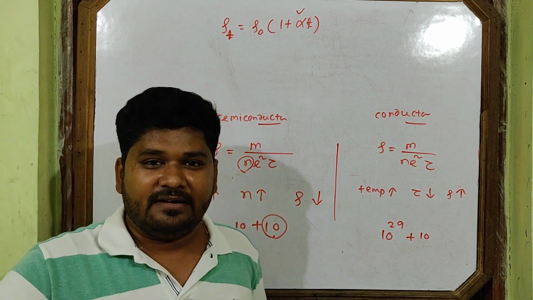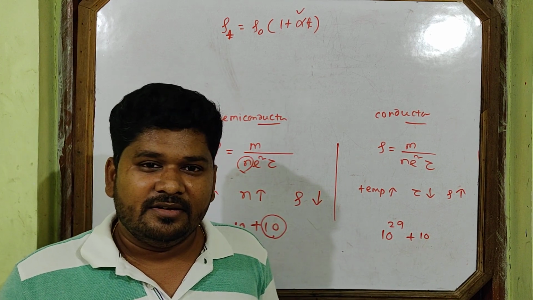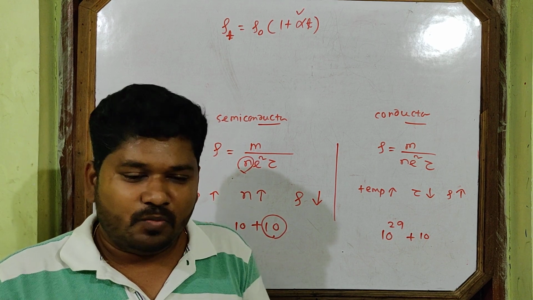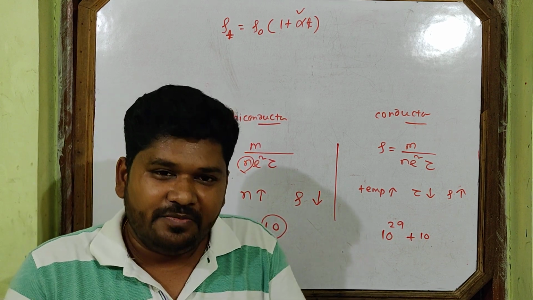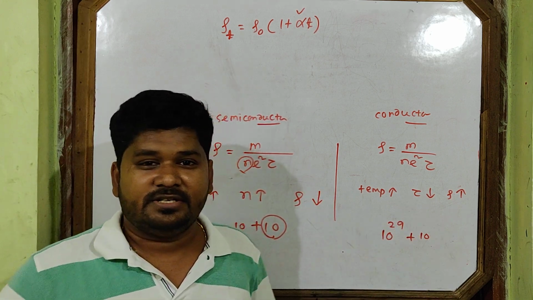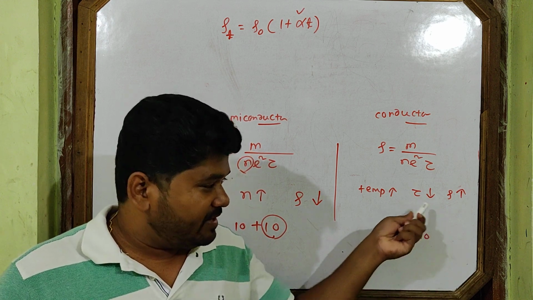The tau effect is dominated. What collision? Free electrons are not there. What collision will happen? What speed will increase? Not many electrons are there. In a large volume, few charge carriers are there. But in a conductor, in a small volume, more charge carriers are there. Crowded, more traffic.